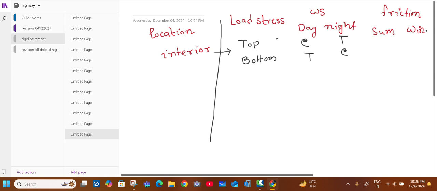And the friction, and at the edges, compression at top and bottom.